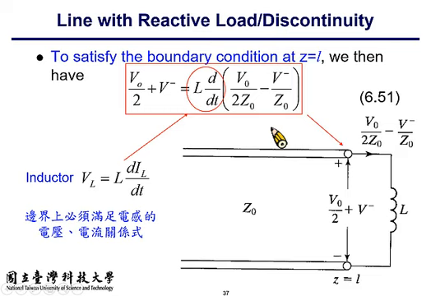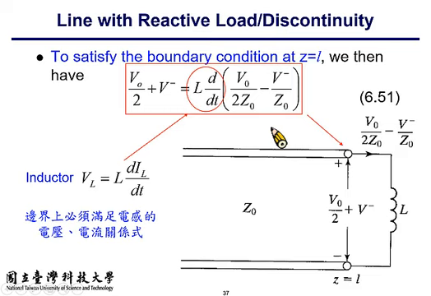And to perform the time derivative, what result can you have? Well, in the parentheses, you have two terms. The first term is the I plus term, which is V sub 0 over 2 times Z sub 0. Both of them are constants. They are not time variant.